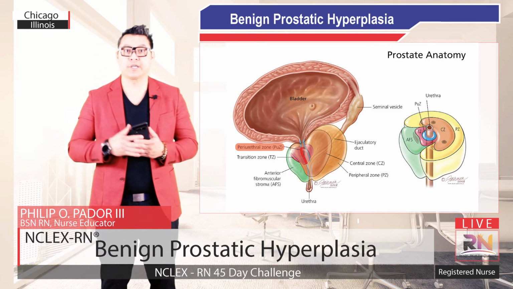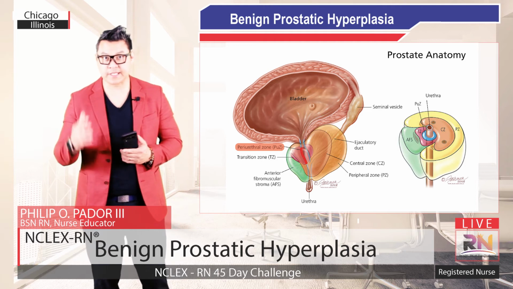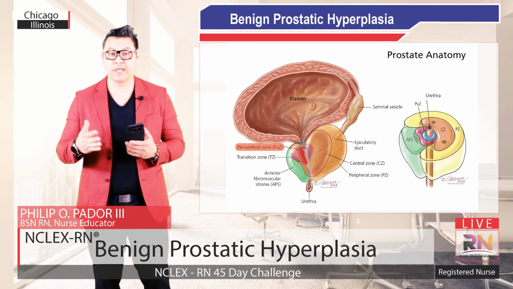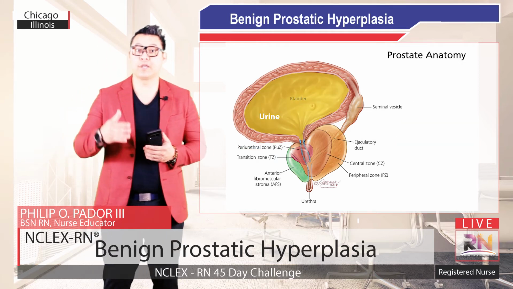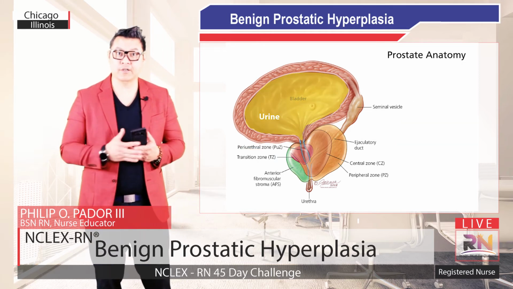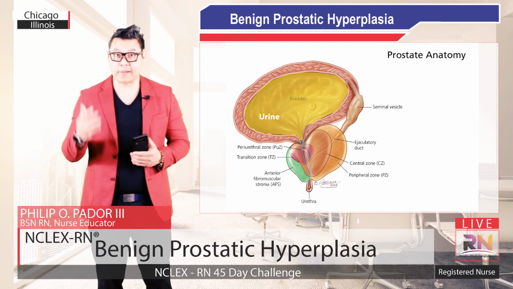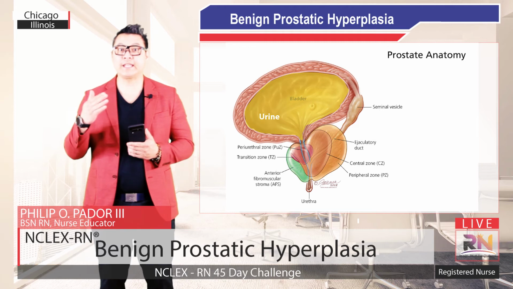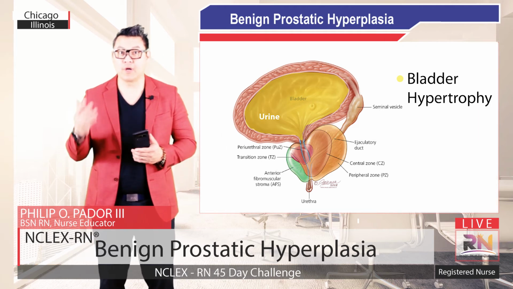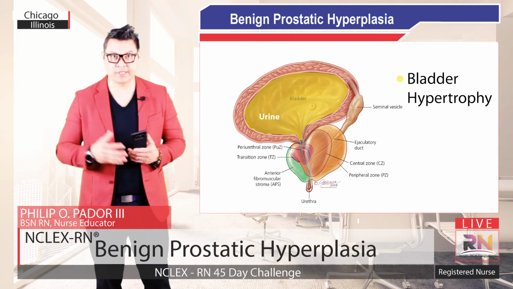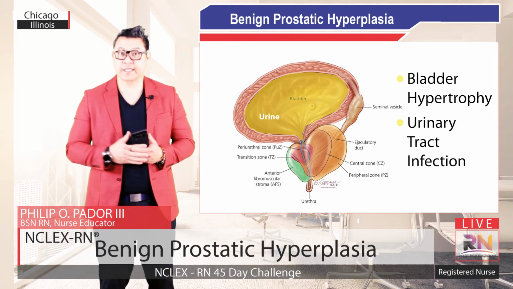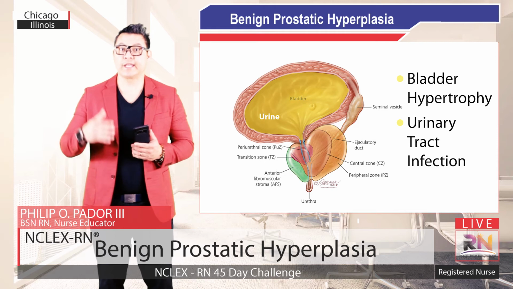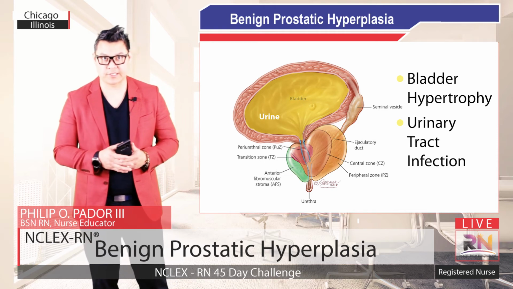When the nodules or the prostate tissue itself compress the prostatic urethra, it becomes more difficult for urine to pass through it. So the urine builds up in the bladder, causing it to dilate. In response, the smooth muscle walls of the bladder will contract harder, and this leads to bladder hypertrophy, where the wall thickens and becomes easily irritated. Finally, the stagnation of urine in the bladder also promotes bacterial growth and can lead to urinary tract infections.